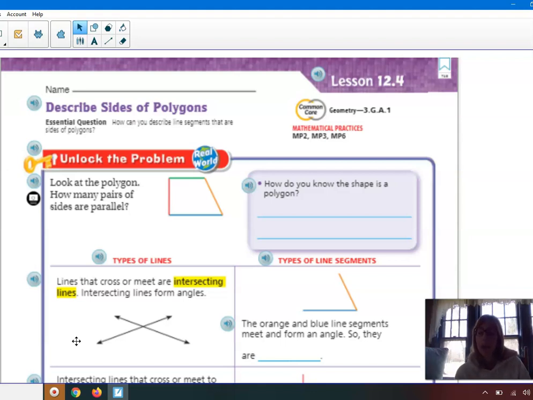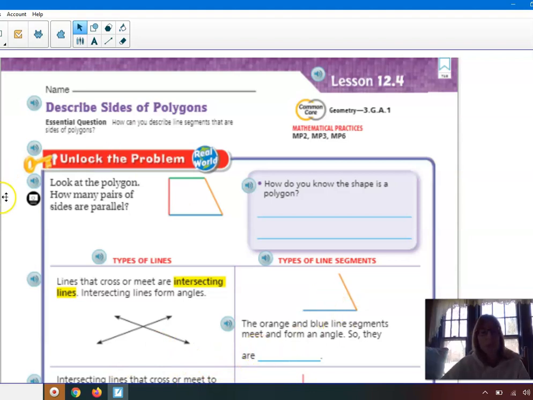We were talking about plane figures, which can be open or closed, and it can be curved. And then we were talking about polygons. And polygons are many-sided shapes, but they are made up of line segments, angles, and they have to be closed.